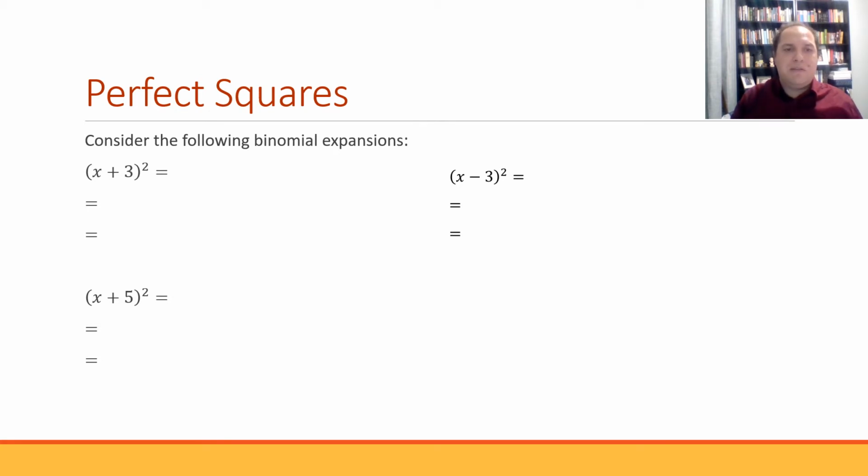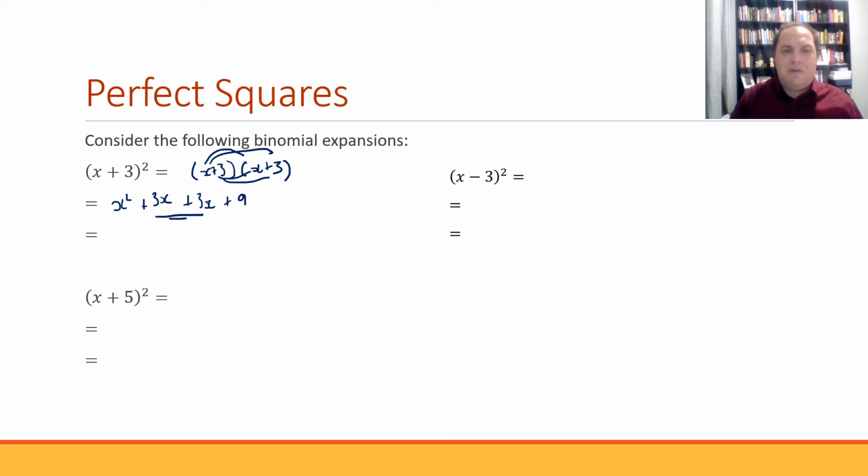So (x plus 3) squared is the same as (x plus 3) times (x plus 3). Then using our rainbows, we'll have x times x, which is x squared, x times positive 3, which is plus 3x, 3 times x, which is plus 3x, then 3 times positive 3, which is 9.